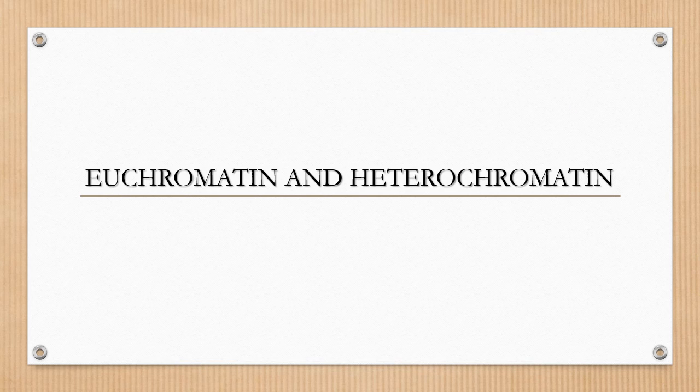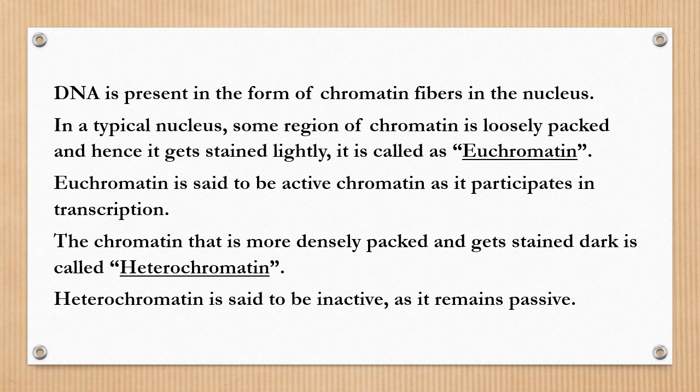Euchromatin and heterochromatin. DNA is present in the form of chromatin fibers in the nucleus. In a typical nucleus, some regions of chromatin are loosely packed, and hence they get stained lightly and are called euchromatin. Loosely packed means it stains lightly, absorbing color lightly, and appears light in color.